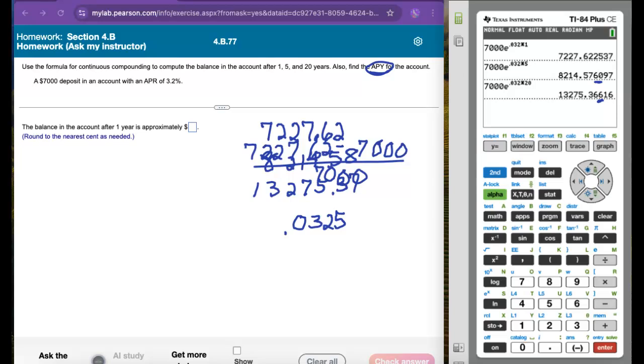I'm not sure if they're asking for 2 or 1 here. So writing this as a percent, if it's asking for 2 decimal places, it looks like this, 3.25%. And if they're asking for 1 decimal place, then it would be 3.3%. I hope this helps.